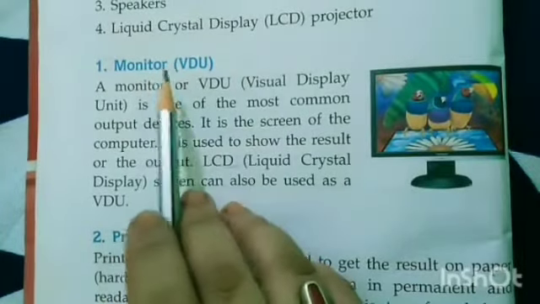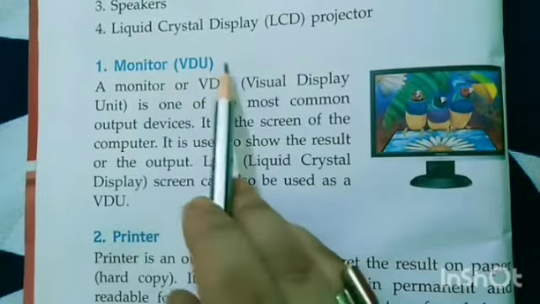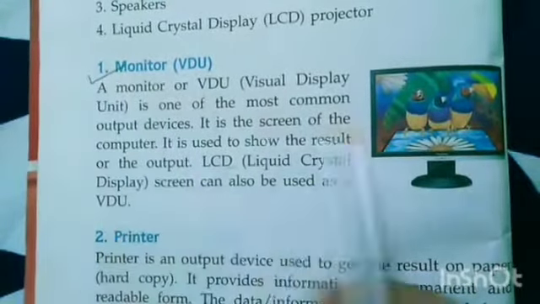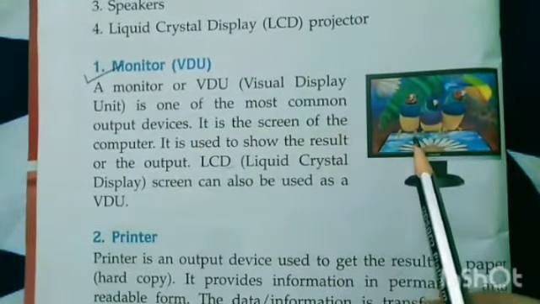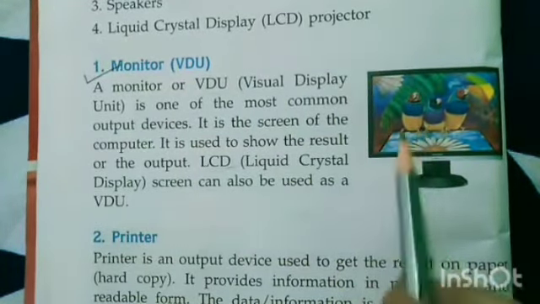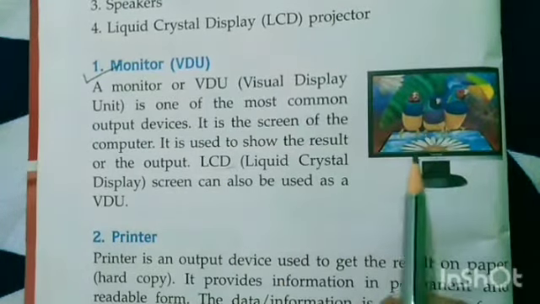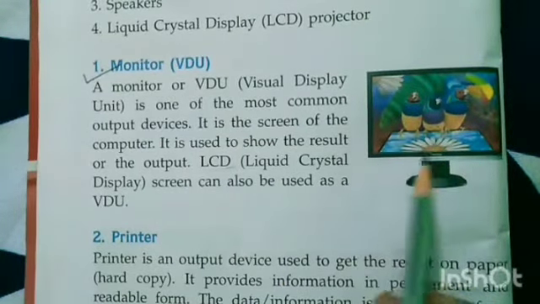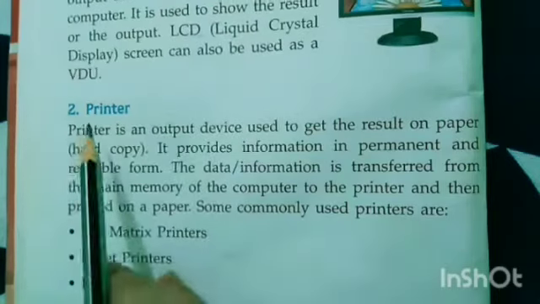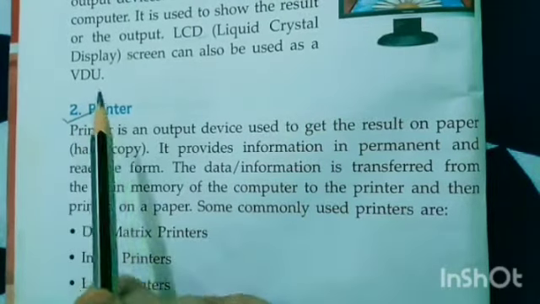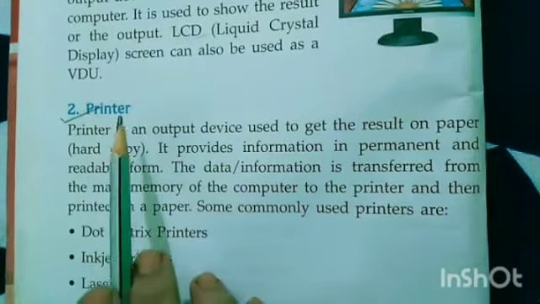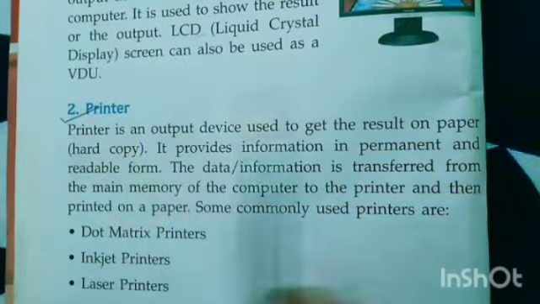Next, we studied the output devices, like the monitor. The monitor helps us to display the result on the screen. It is the screen of the computer. This is the monitor. The next output device is the printer. It is an output device because it is used to get the result on paper.